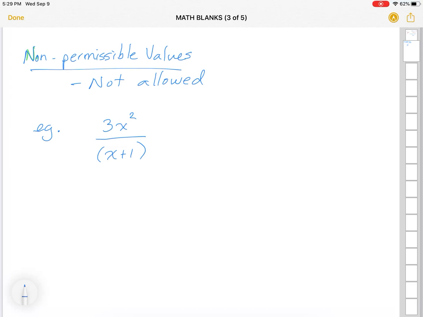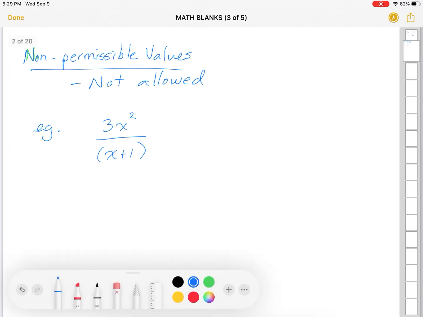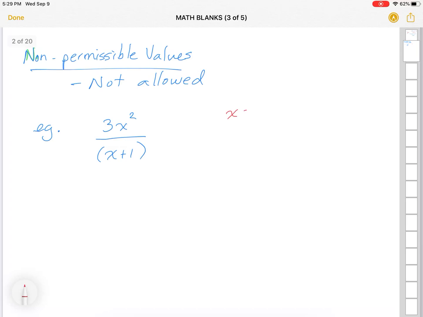If I think about different values for x that I could use, I can try some out. So first, x equals 0. Let's substitute that in. If x equals 0, then we would have 3 times 0 squared over 0 plus 1.